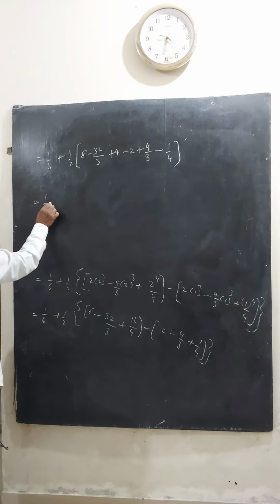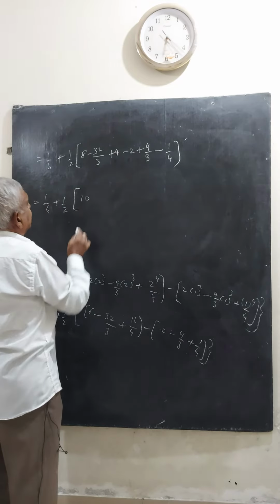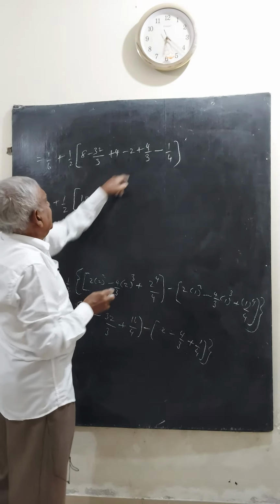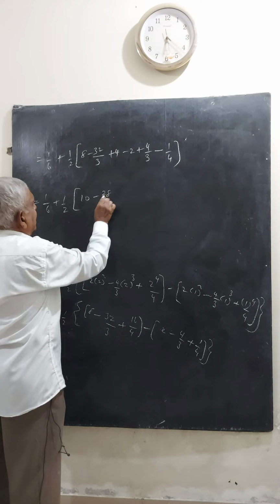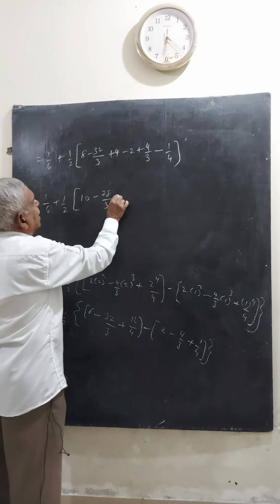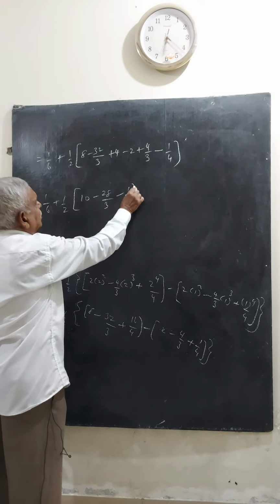Equal to 1 by 6 plus 1 by 2. 8 plus 4, 12, 12 minus 2, 10. Minus 32 by 3 plus 4 by 3, minus 28 by 3, minus 1 by 4.